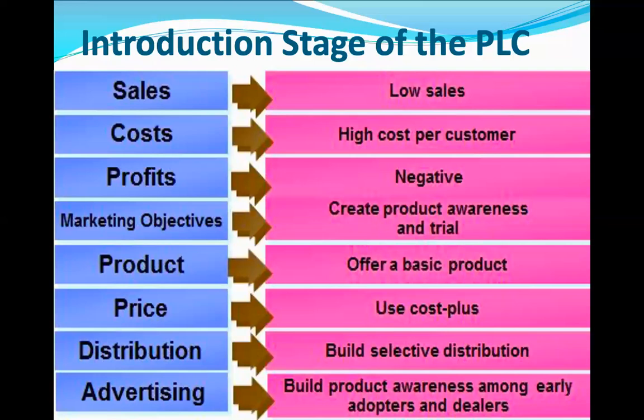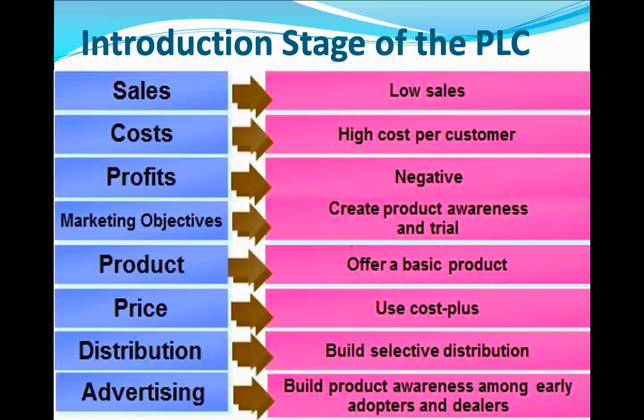Use cost plus, where you cover your cost of production plus some reasonable margin. Sales are low and you are likely to have negative profits, but you don't want to worsen the case without recovering your cost of production. So try the cost plus pricing strategy at the introduction stage.